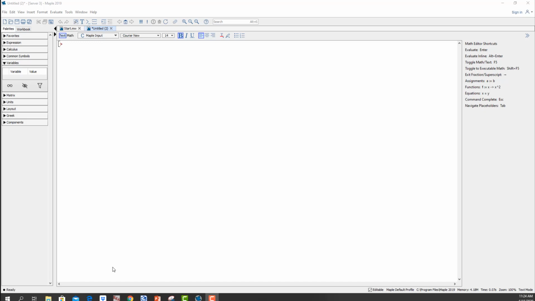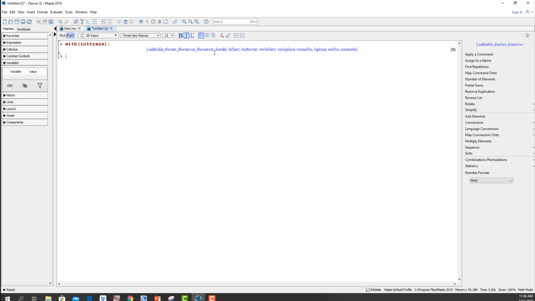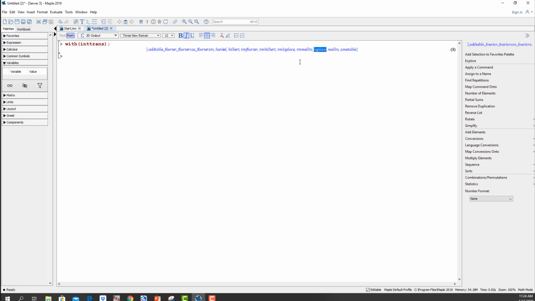So in order to load the integral transform library, you have to type a command. At the top of your code, you would type with int trans. And what that's going to do then is load all these different functions. The ones that we're specifically interested in are the Laplace function and the inverse Laplace function. And there's other ones here too that are pretty cool, but let's just focus on those.